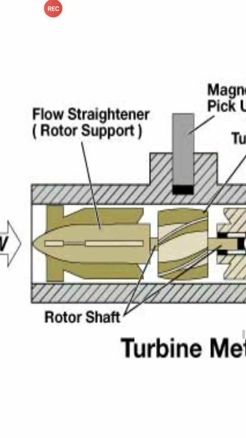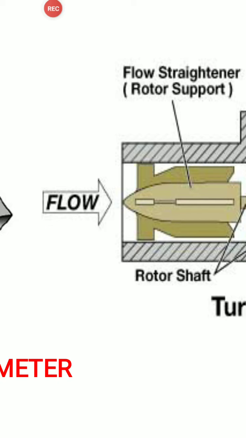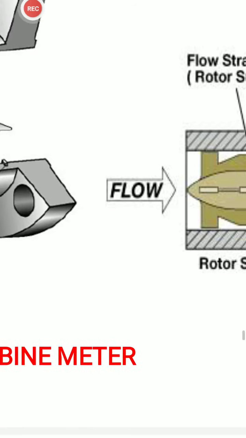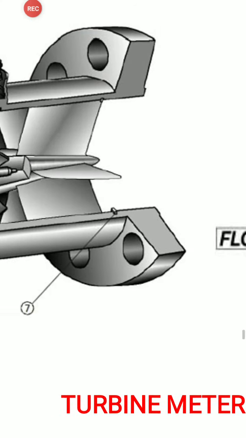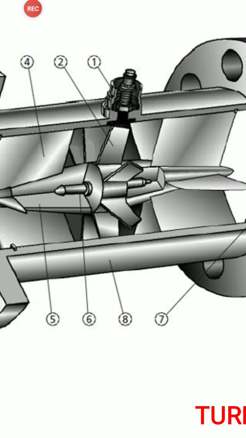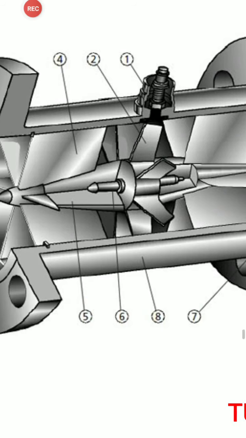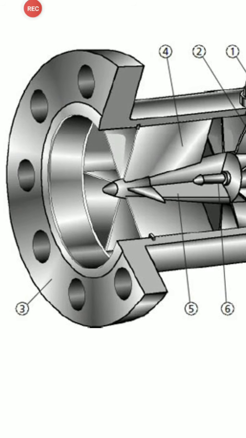Actually, in the 3D sketch also we can observe this. In that sketch we are observing the flanges, the cut section is shown over here, and this is a rotor. It's a magnetic arrangement, shown on the outer side, labeled as 1. 2 is the rotor blade. These are the blades we are observing here, and this is the flange.